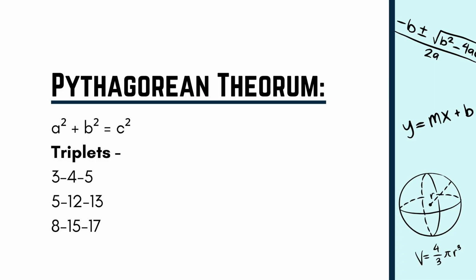If you have a triangle and you only get the lengths 3 and 4, you'll automatically know that the third one is 5 because it's a 3, 4, 5 triangle. Same with 8, 15, 17. If you get 15 and 17, you'll know that the other one is 8 because it's a triplet. These show up surprisingly often. Instead of calculating, you'll recognize them instantly. Free points. We like free points.